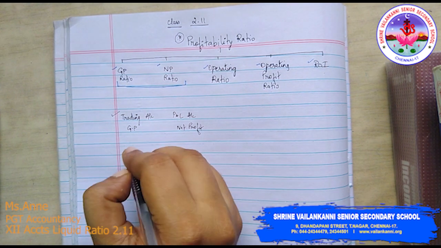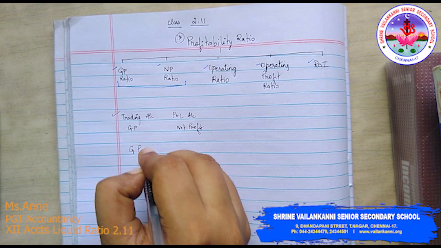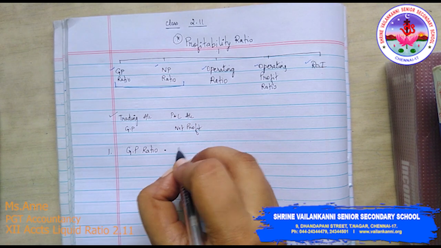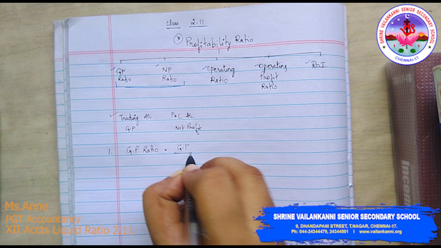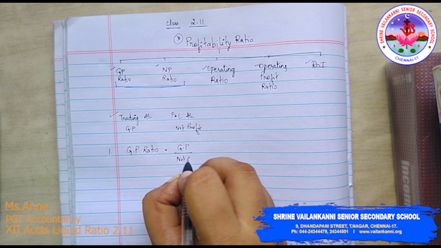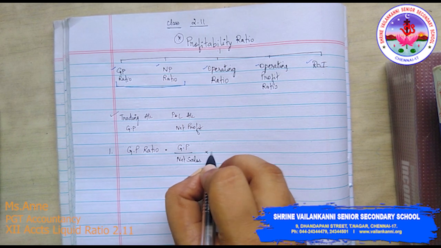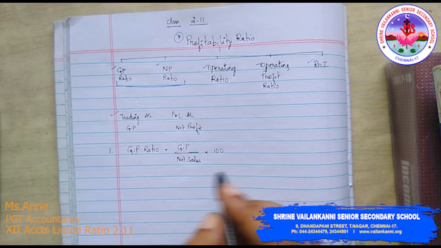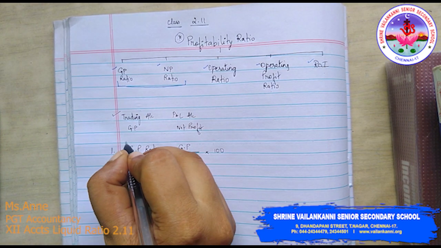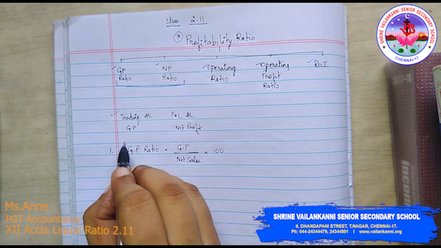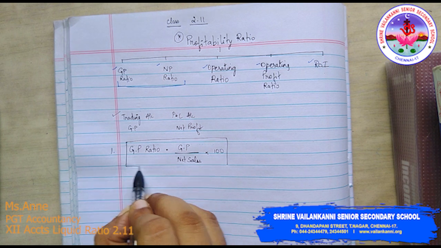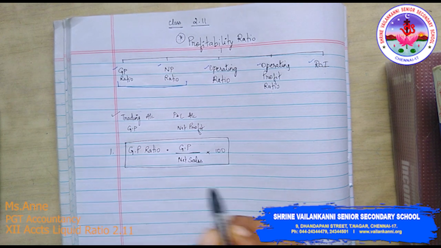So what is gross profit ratio? Gross profit ratio is nothing but gross profit divided by net sales into 100, which is your gross profit ratio. This formula you have to understand and keep in mind always.